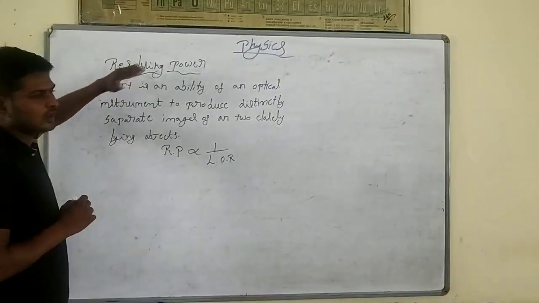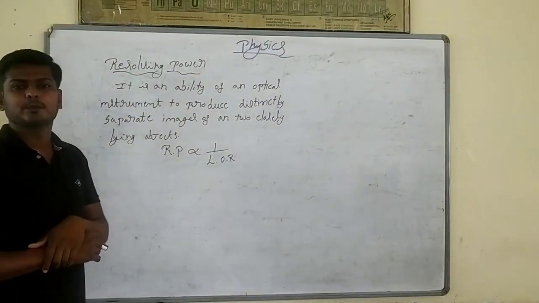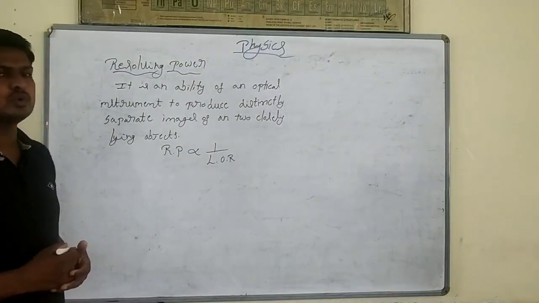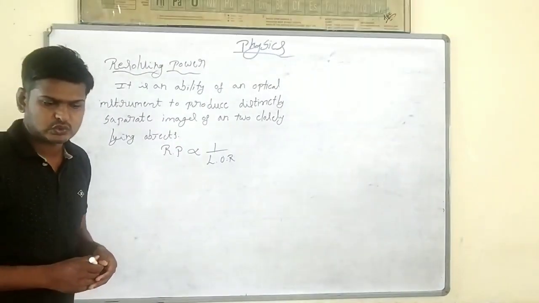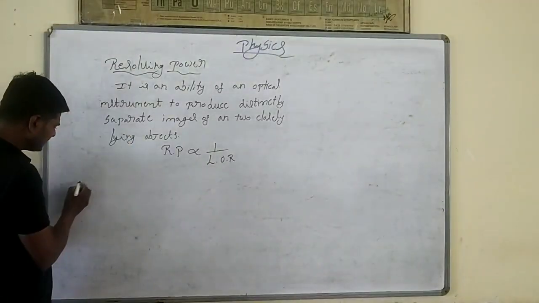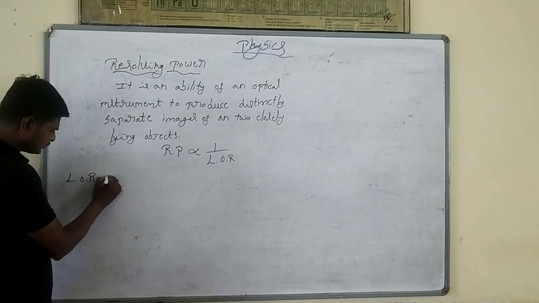Resolving power is the ability of an optical instrument to produce distinctly separate images of two closely lying objects. Now, what is the definition of limit of resolution?